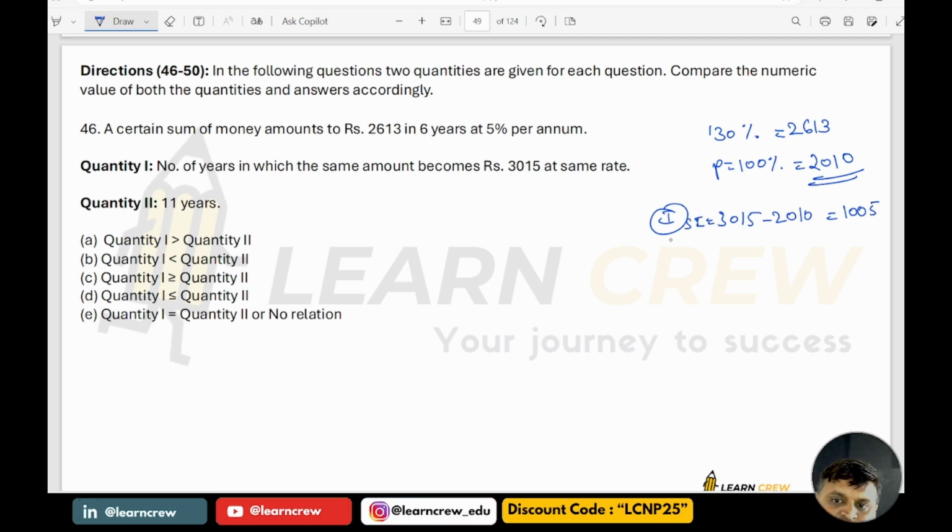Simple interest. 1005 is the interest, principal is 2010, rate of interest is 5, given into time, PTR by 100. You will get T as here 5. See here, 1005, 2s are 2, 5 2s are 10, tens. So you will get T as 10 years. Thereby this value is 10. This value is 10, this value is 11. Quantity 1 is less than quantity 2. So the answer is option B.